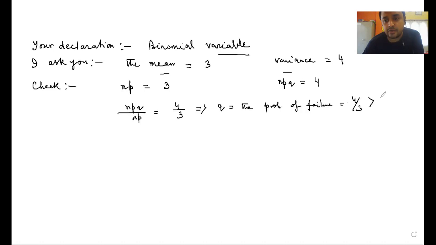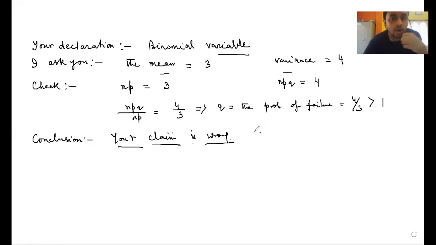This probability is coming out to be greater than 1. And immediately I can understand my conclusion will be that your claim is wrong, or you have manipulated the data, or you may not have received the actual data.